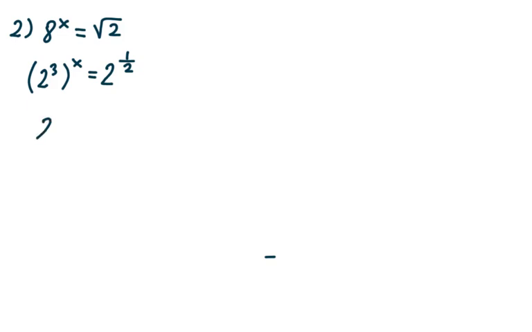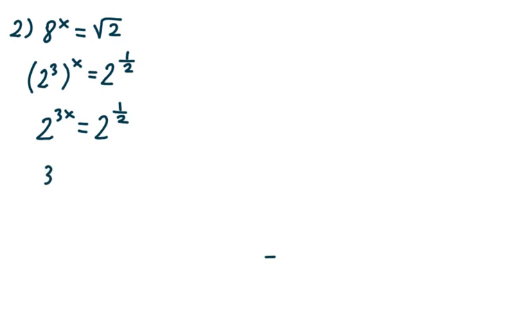Let's take a look at problem 2. Suppose 8 to the x is equal to square root of 2. Now, I'm going to write this as 2 to the third raised to the x equal to 2 raised to the 1/2, right? So again, I'm rewriting each side so that they have the same base. But that says 2 to the 3x is the same as 2 to the 1/2. So now we share the same base.